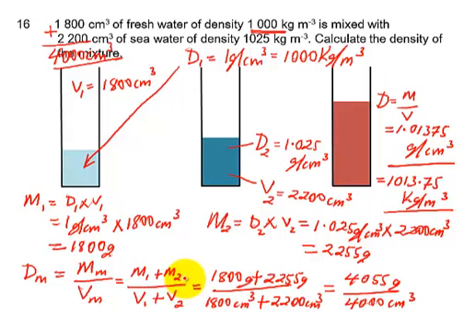Mass is equal to density times volume, or density is equal to mass over volume. So you calculate the mass of the fresh water separately, mass of salt water separately, and then add the two masses to give you the total mass of the mixture. Of course, the volume of the mixture is the sum of volume of fresh water and volume of seawater.